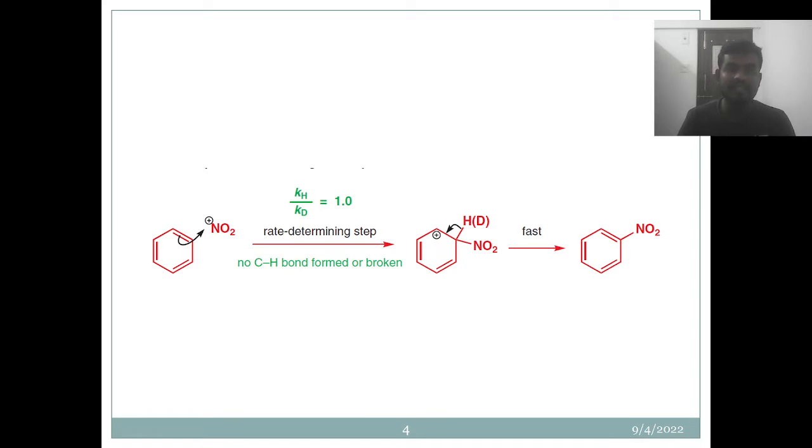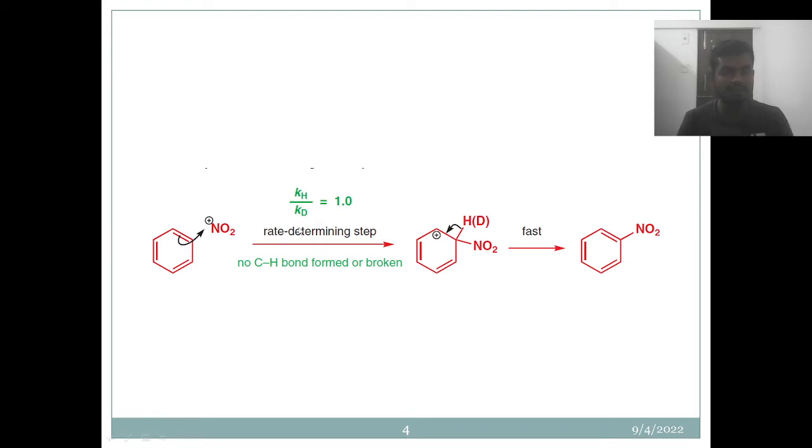There we can check the primary kinetic isotope effect. Basically our task is to replace one hydrogen. All hydrogens are equivalent here in benzene. So replace one hydrogen with a deuterium atom and check the corresponding rate. Do the experiment with hydrogen and with deuterium, then do the nitration with NO2+.